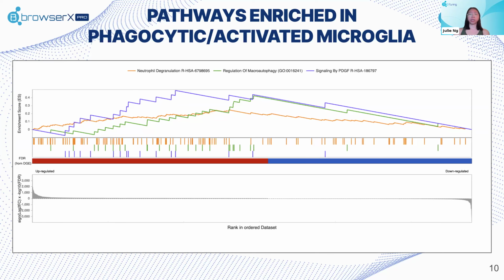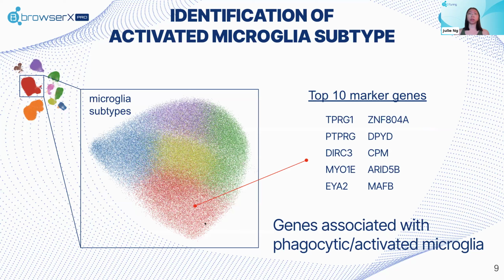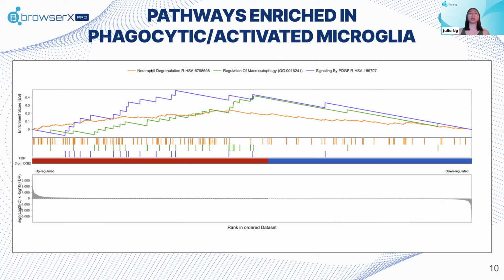Again, I'm looking at this red cluster here. Some of the pathways enriched within that red cluster include neutrophil degranulation, regulation of macroautophagy, which is interesting to see because, of course, we expected this to be an activated or phagocytic type of phenotype, and then also signaling by PDGF.